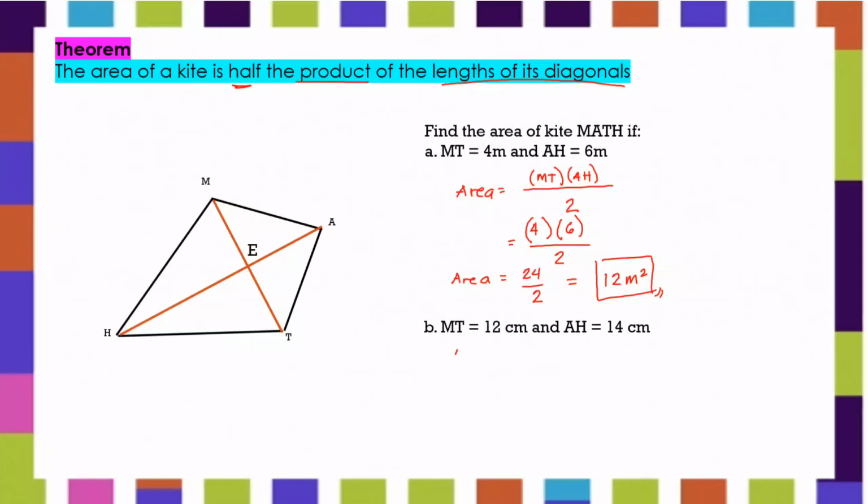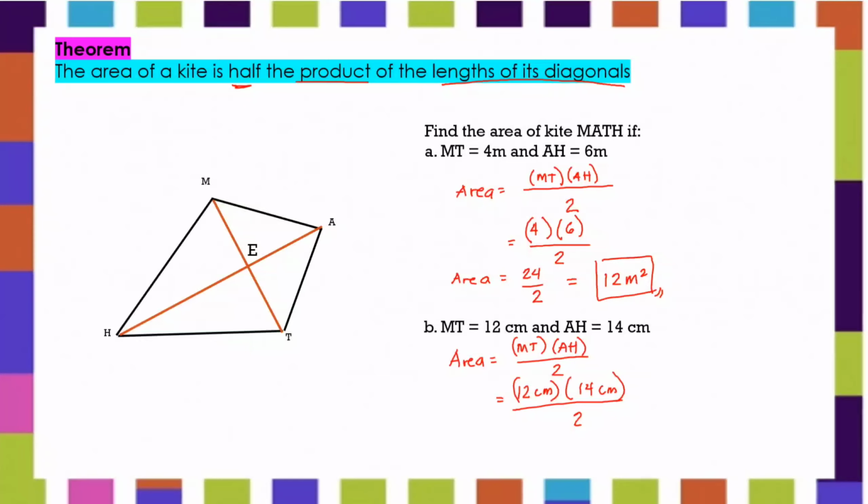So, same lang yung gagamitin natin. We have the area. So, the product of the diagonal, which is MT and AH, i-divide lang ulit natin sa 2. Okay? So, kung isa-substitute natin, MT is 12 centimeters and AH is 14 centimeters, then divided by 2.